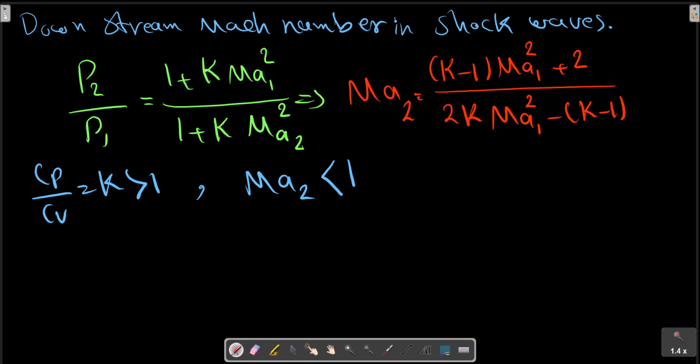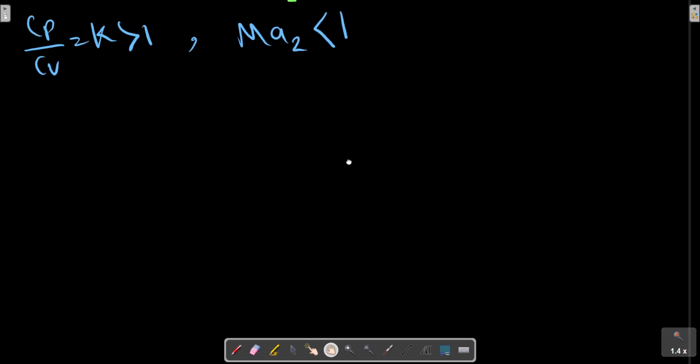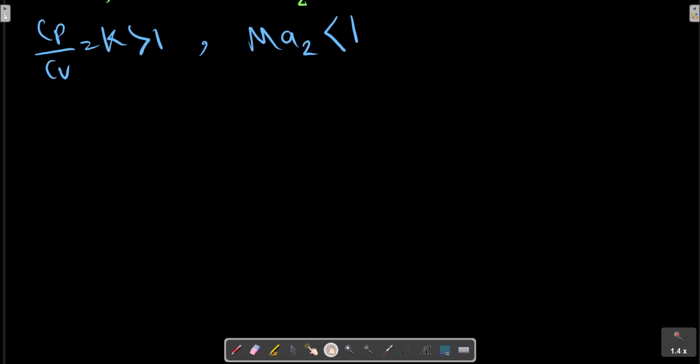We can also calculate the properties of the flow as a function of the upstream Mach number. We can write the other properties downstream of the shock wave as functions of the upstream Mach number.